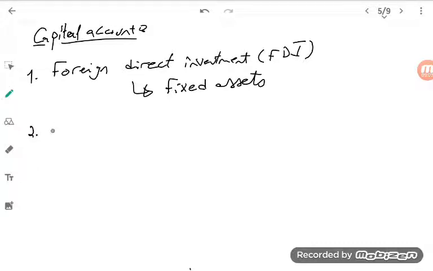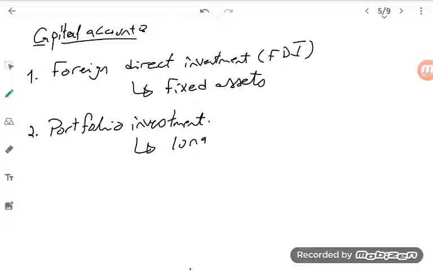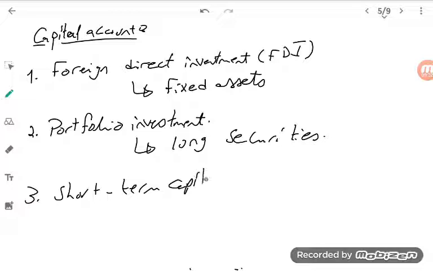Number two, portfolio investment, which is investment in long-term securities. And number three, short-term capital, which is investment in short-term securities.